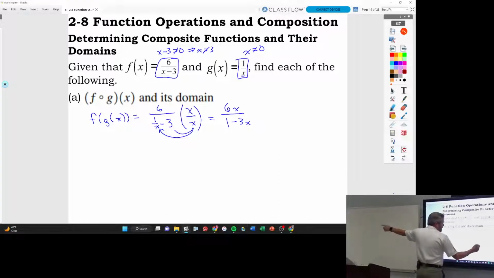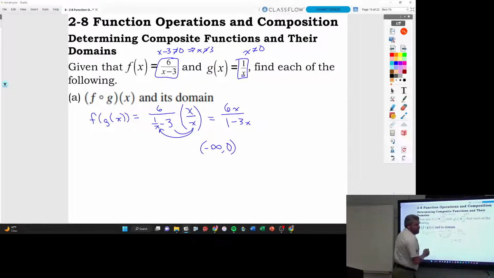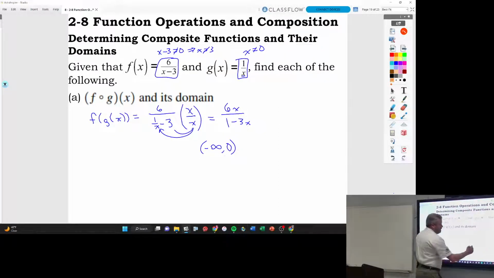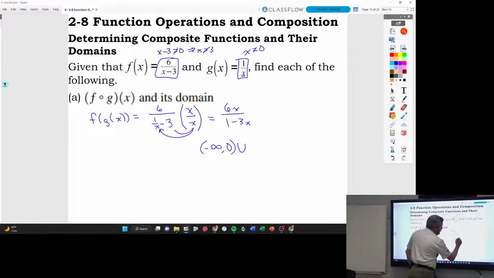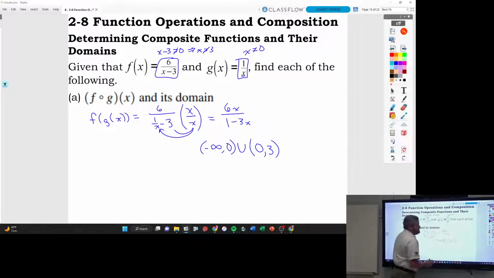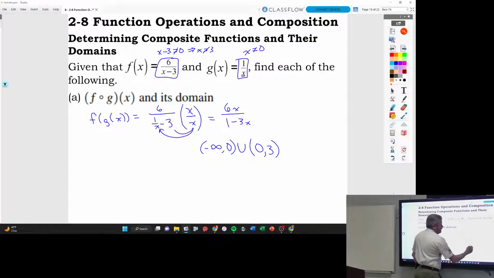So think about the number line going from negative infinity up to 0, but it can't be 0, so we would put a parenthesis there. Union, meaning, but there's more. It can also be anything from 0 to 3, and again, parentheses means not including. It can't be 0, it can't be 3.